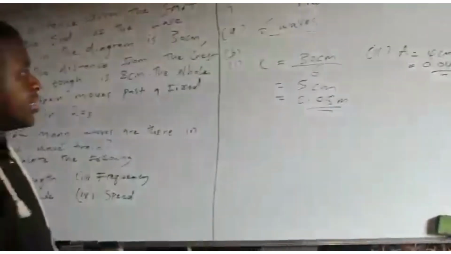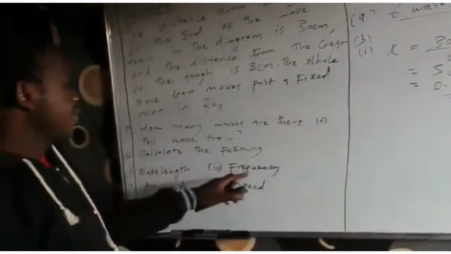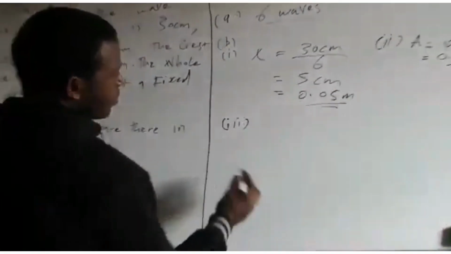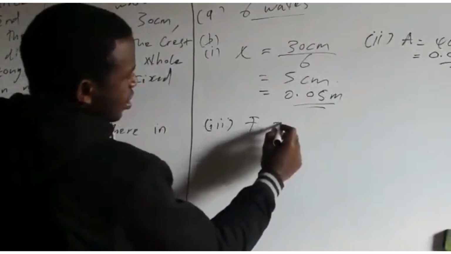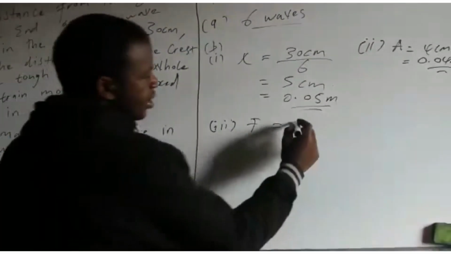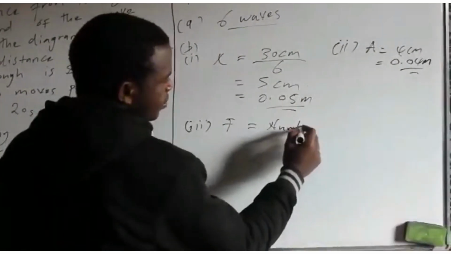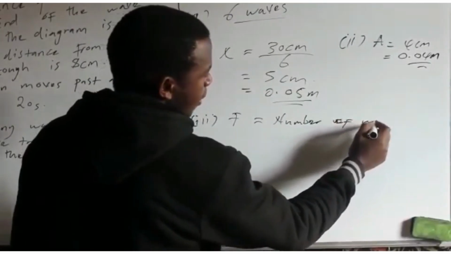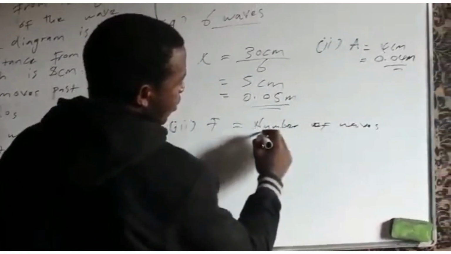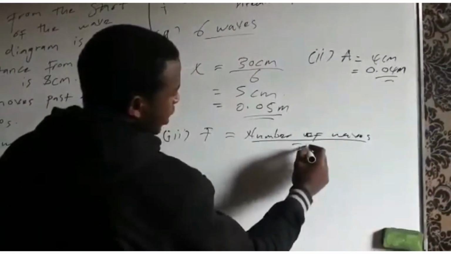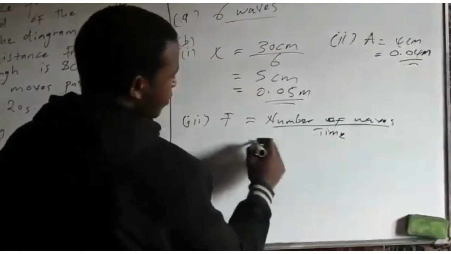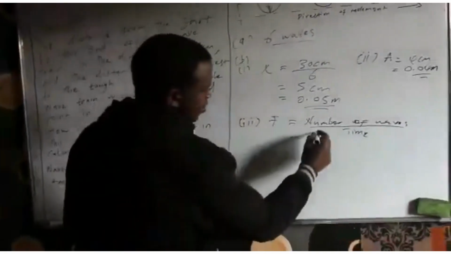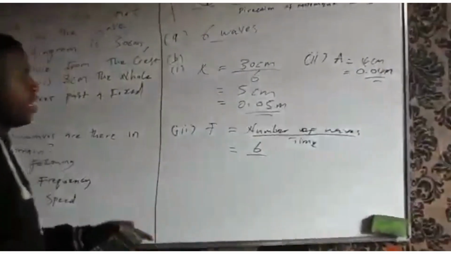Then let us calculate the frequency. So this is Roman numeral 3. Frequency is given by the formula number of waves over time. My number of waves, I know that I have 6 waves. So 6 divided by the time.